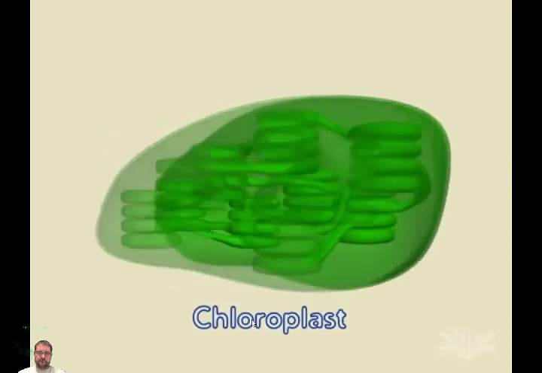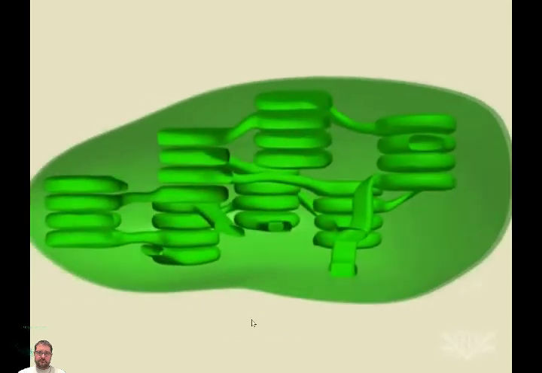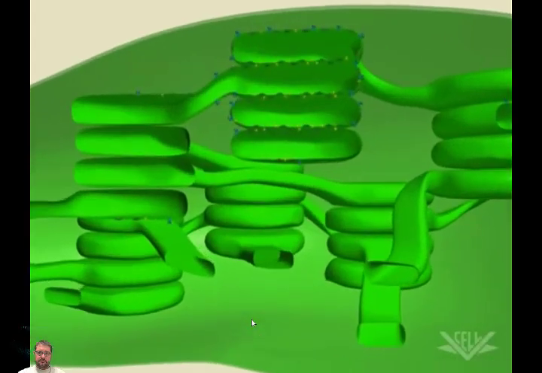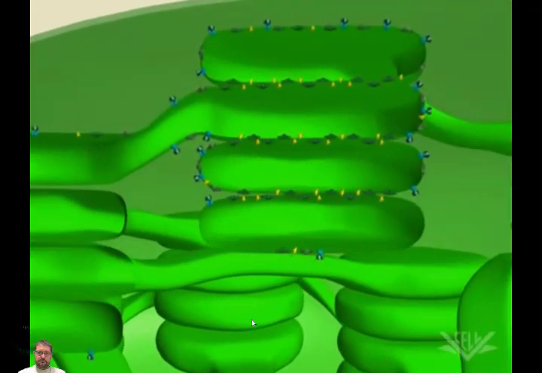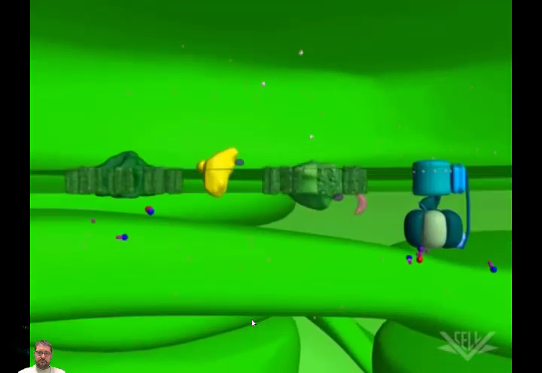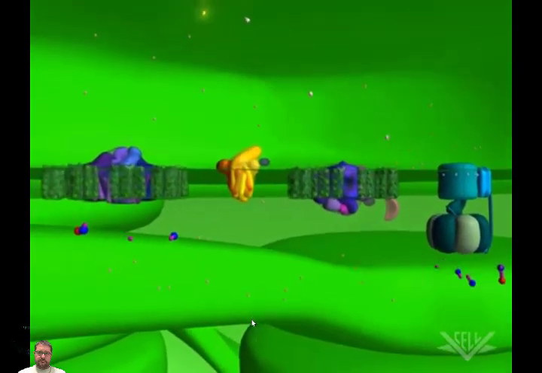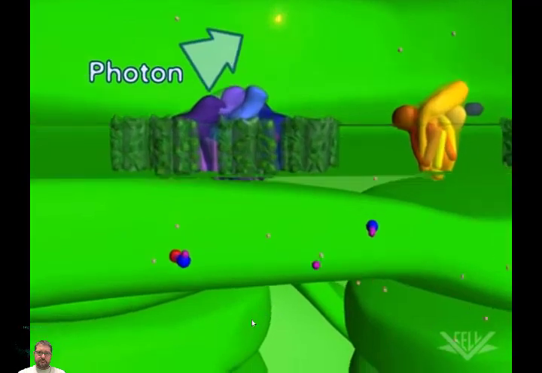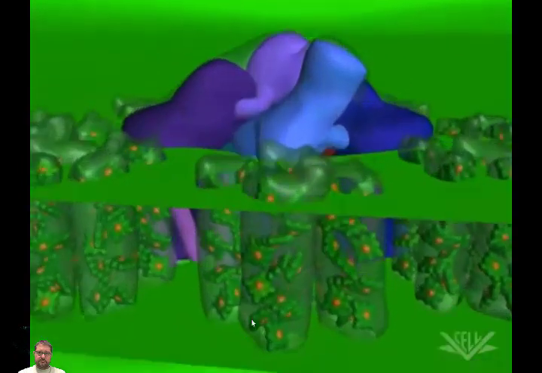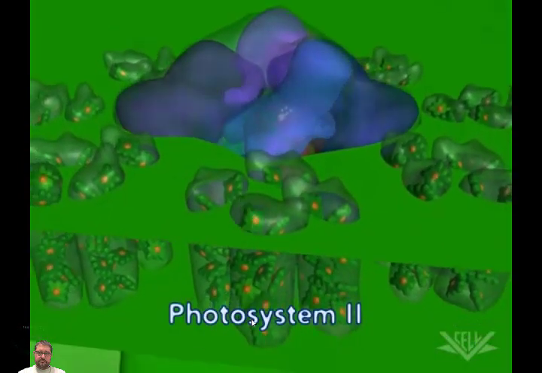Photosynthesis occurs in the chloroplasts of plants and algae. The process is also found in single-cell organisms, such as cyanobacteria, that do not have chloroplasts. Like its mitochondrial counterpart, the chloroplast electron transport chain consists of several protein complexes and mobile electron carriers. First, a photon of light hits a chlorophyll molecule surrounding the photosystem II complex.